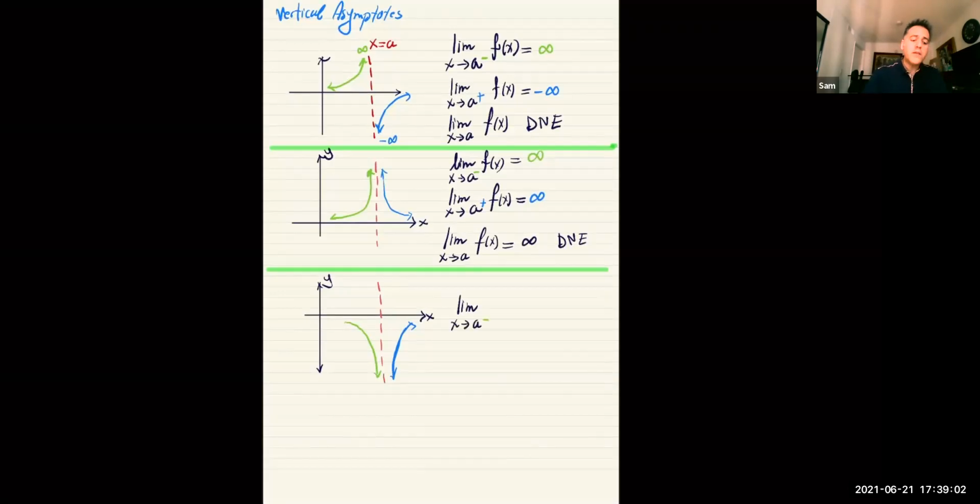But what you said is pretty correct. Here the function is going down to negative infinity from both sides of a.